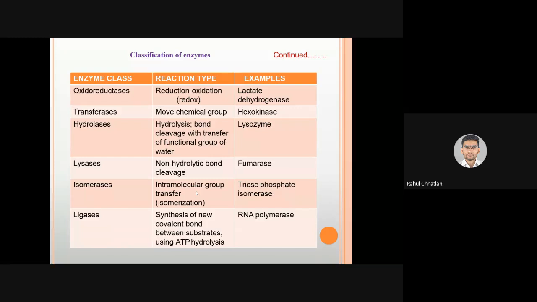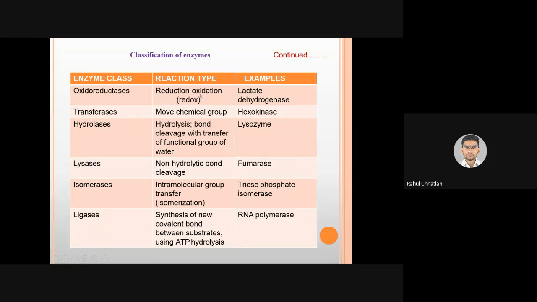So enantiomers and isomerization, that is the same process we had described. Example, triose phosphate isomerase, and last, ligase, that is synthesis of new covalent bonds between substrates using ATP hydrolysis. So it breaks down ATP and forms a new covalent bond, that is the function of ligases. Example, RNA polymerase.